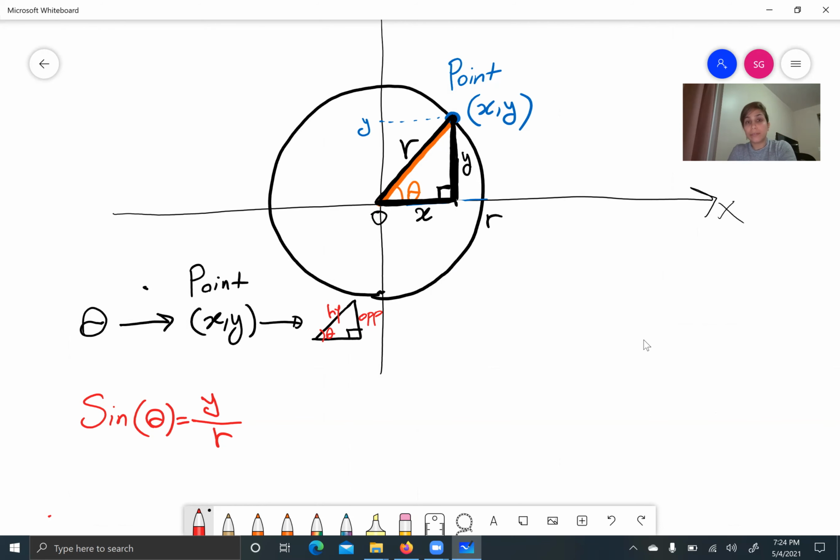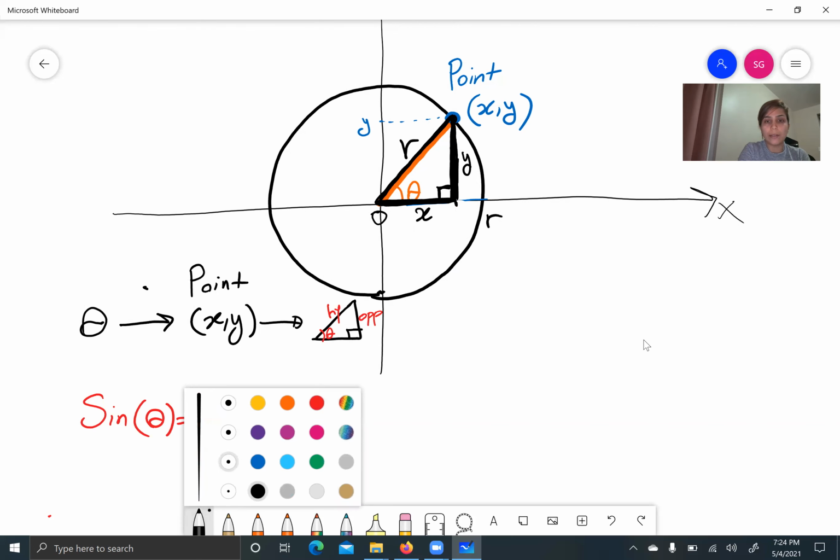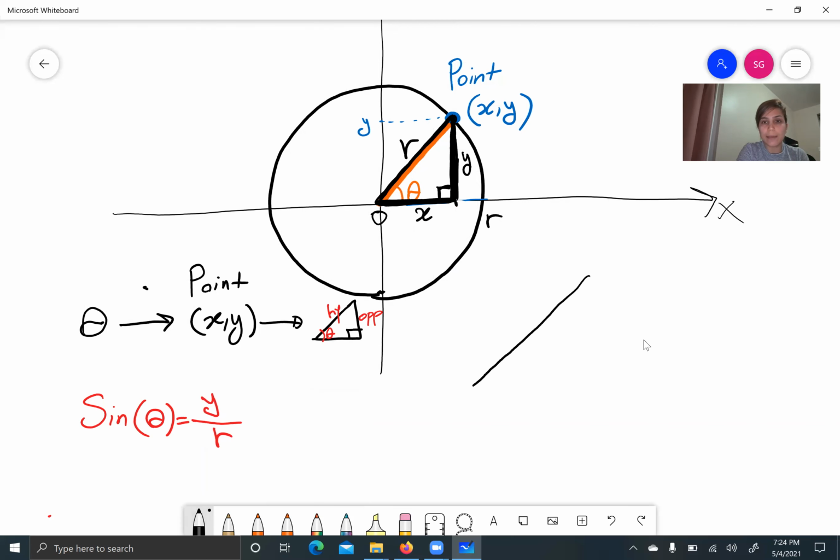So what is the sine function in fact? The sine function takes an angle as its input value, and it returns a number. That number is the ratio of y over r.